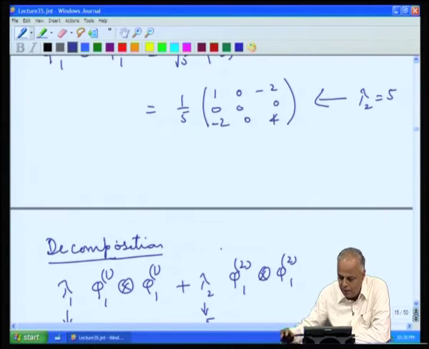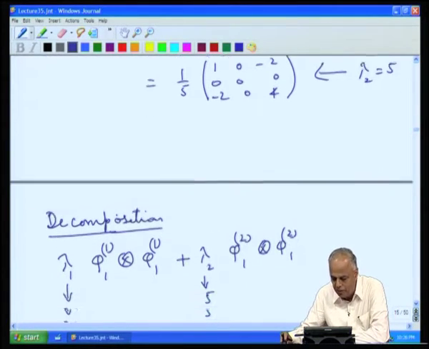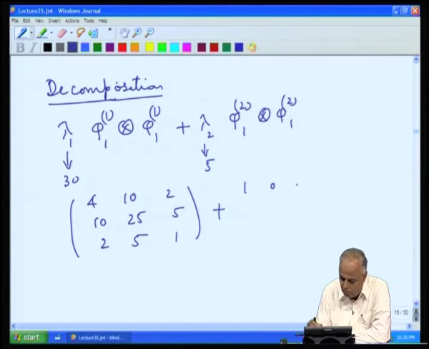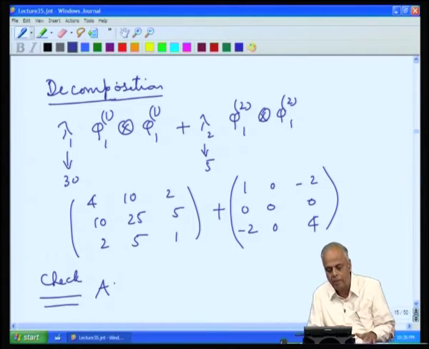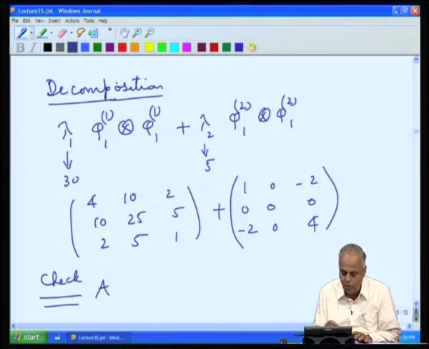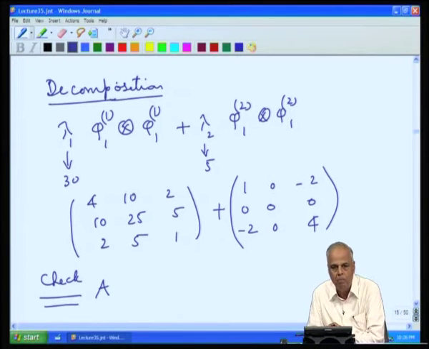Then when we multiply the second matrix by 5, the 1 by 5 gets cancelled, and we get (1, 0, minus 2; 0, 0, 0; minus 2, 0, 4). When we add, check that this is exactly equal to the given matrix here. Notice that each one of the matrices in the sum is Hermitian, real symmetric in this case, and the first matrix is of rank 1 because every row is a multiple of the third row, and the second matrix is of rank 1 because every row is a multiple of the first row.